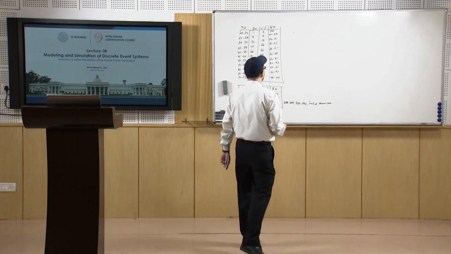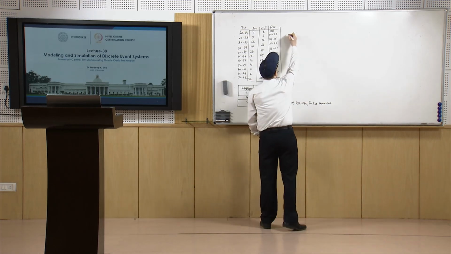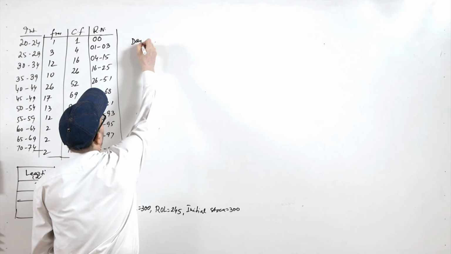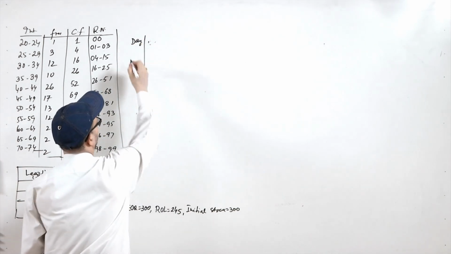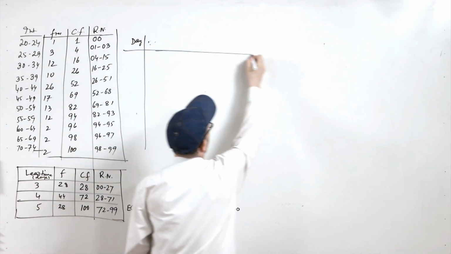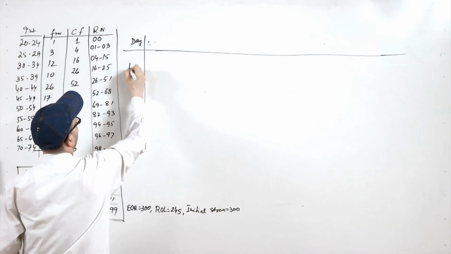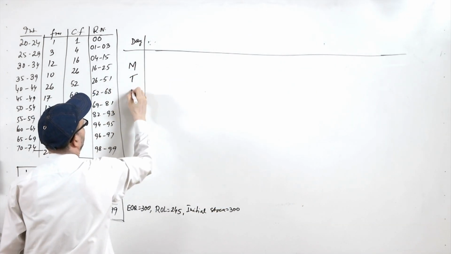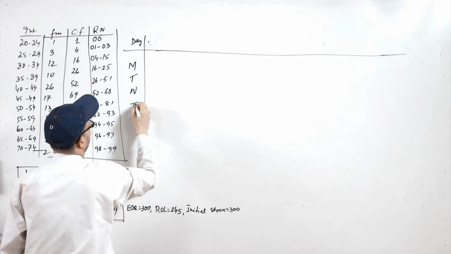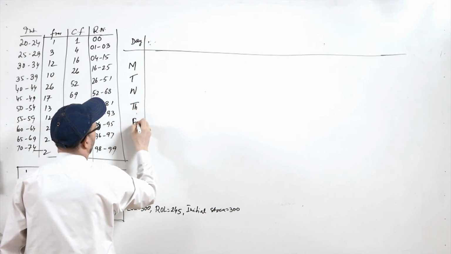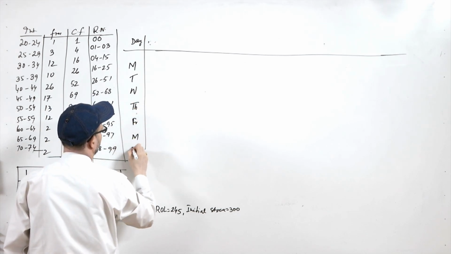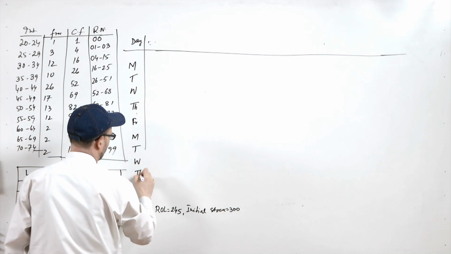So, first will be the day. The days will be Monday, Tuesday, Wednesday, Thursday and Friday, again Monday, Tuesday, Wednesday, Thursday and Friday.